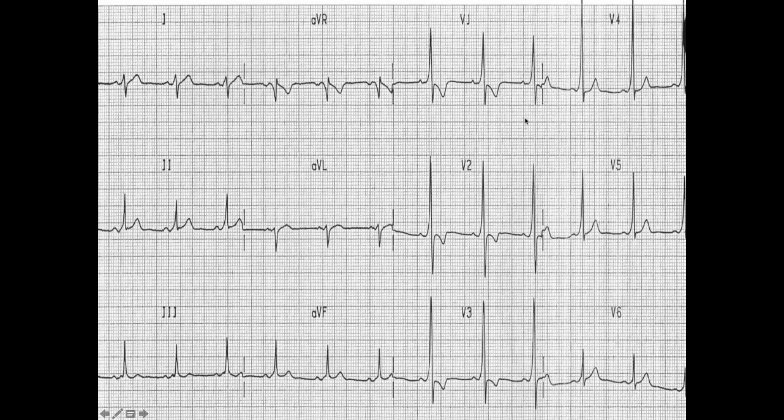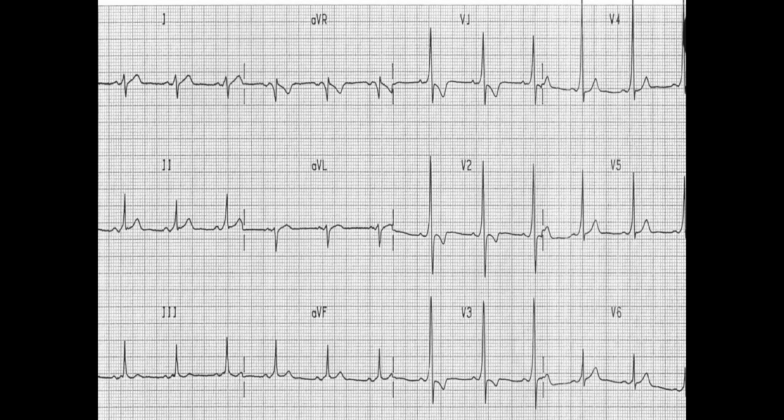V1 should be negative. Why is V1 upright? That's weird. So V1 is upright. V2 is mostly upright. V3 is mostly upright. V4 is mostly upright. V5 is upright. V6 is upright. There's no progression whatsoever. We are unable to determine R wave progression.